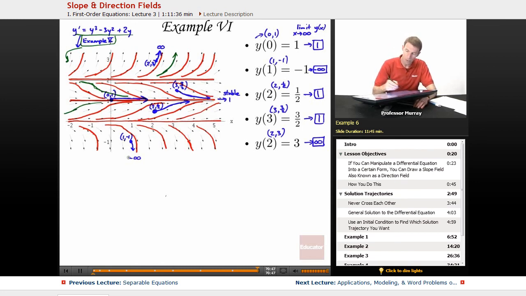So these drifted towards 1. And then there were a couple here that are forced down to negative infinity and up to positive infinity. So that's why we got those negative infinities and positive infinities for those two initial points.